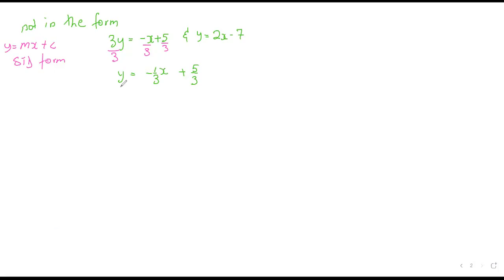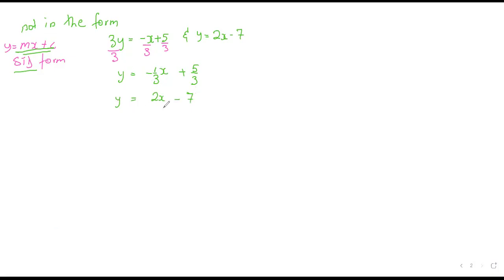Now, having managed to successfully write this expression in a standard form, the other one says y is equal to 2x minus 7. Now, if you solve this simultaneously, we are going to say y is equal to y.